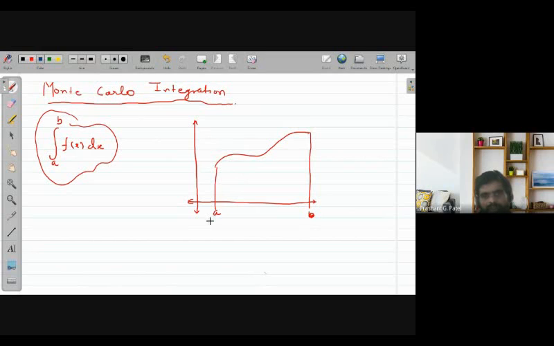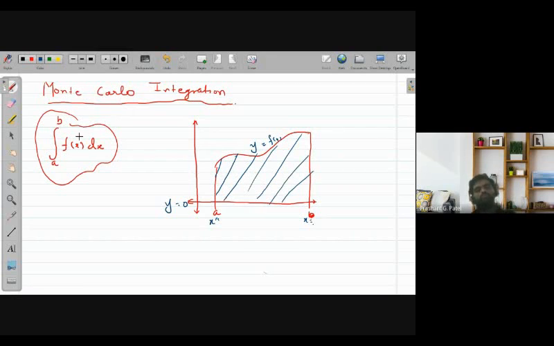The first is the line x equal to a, the other is x equal to b, then the y equal to 0 line, that is the x-axis, and the curve y equal to f(x). So this area is represented by this integration. Probably some of you know this fact.